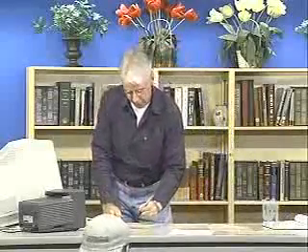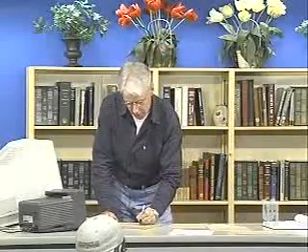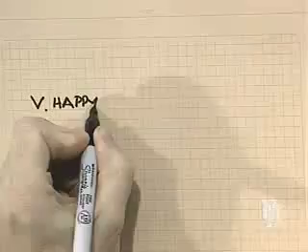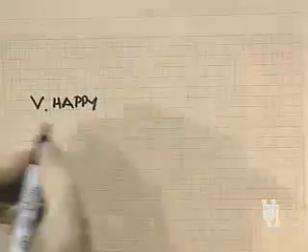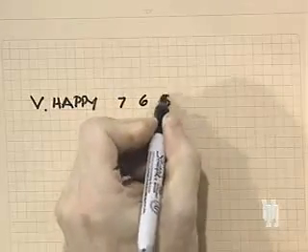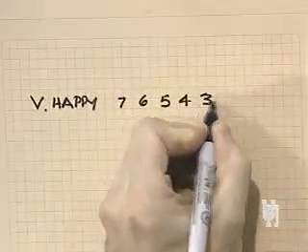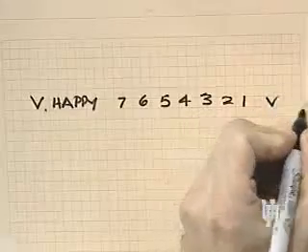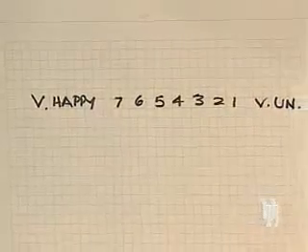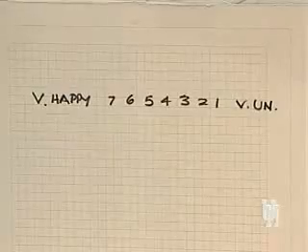This is common not only in communication research, but in sociology research, psychology research, and so on. If you have very happy, 7, 6, 5, 4, 3, 2, 1, and then very unhappy.